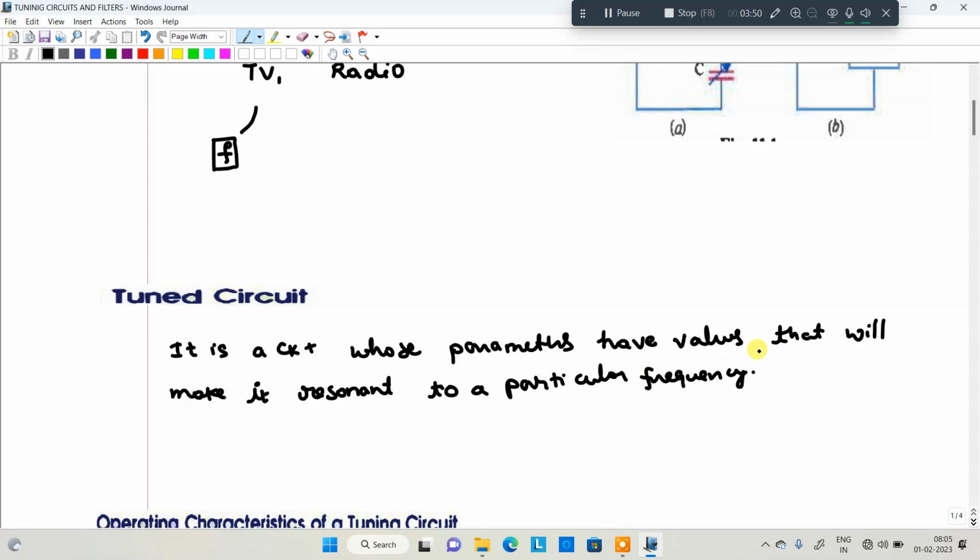That is called a tuned circuit. Got my point? That means we can adjust the parameters to resonate at a particular frequency as the resonance frequency. That is a tuned circuit.